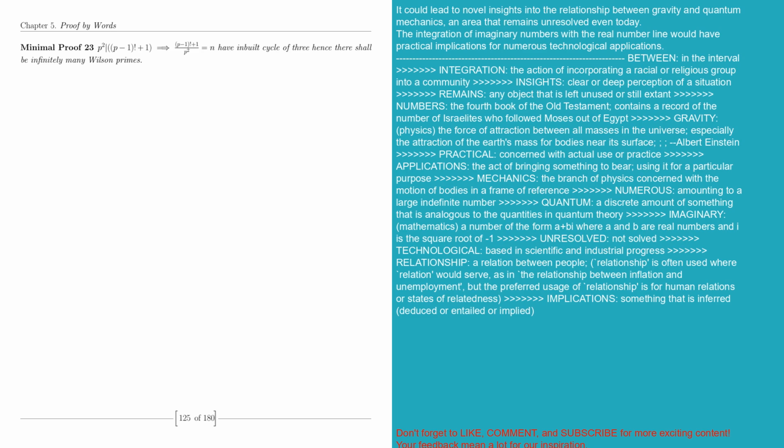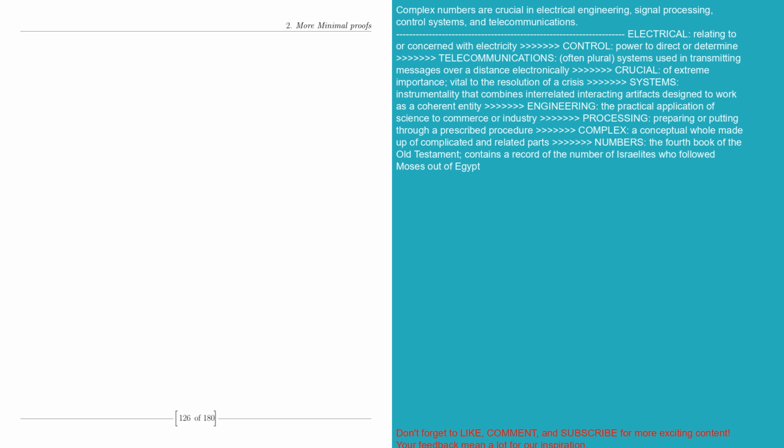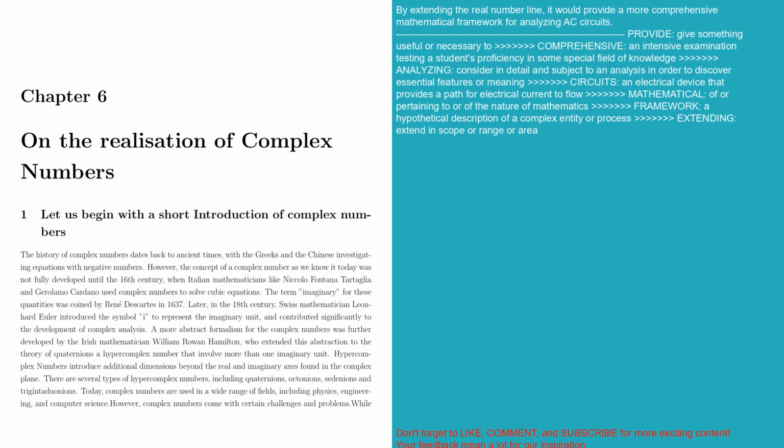remains unresolved even today. The integration of imaginary numbers with the real number line would have practical implications for numerous technological applications. Complex numbers are crucial in electrical engineering, signal processing, control systems, and telecommunications. By extending the real number line, it would provide a more comprehensive mathematical framework for analyzing AC circuits.